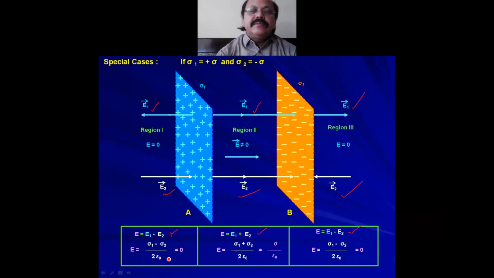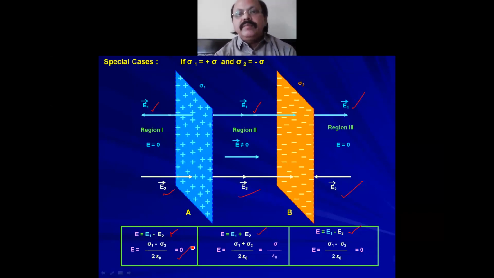So when you substitute sigma in place of sigma 1, and sigma in place of sigma 2, because the minus sign is already accounted for, since we are saying that plate B has a minus sigma surface charge density, the electric field is 0 in region 1.